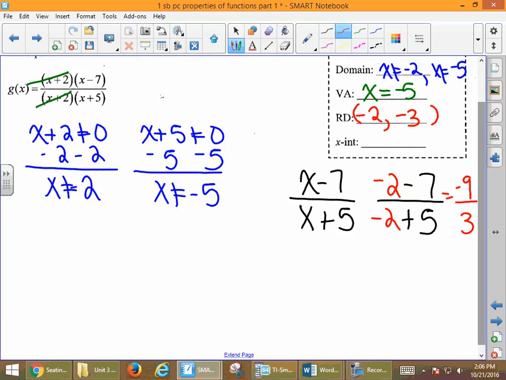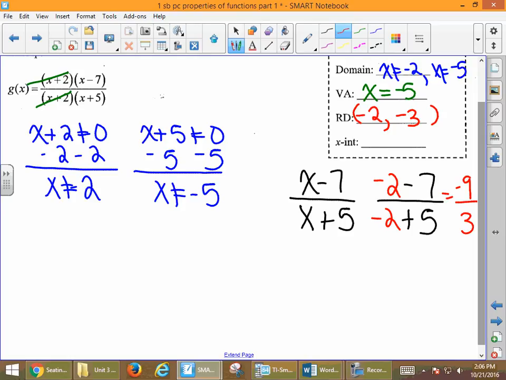So finally, we have to figure out the x-intercept. All that we need to look at in terms of the x-intercept now is the value that's remaining in our numerator, the x minus 7.